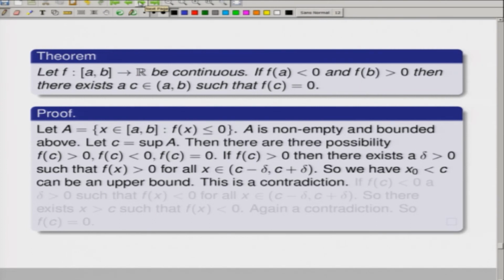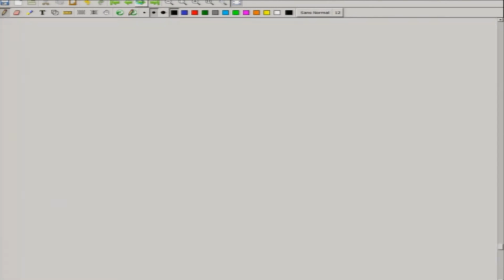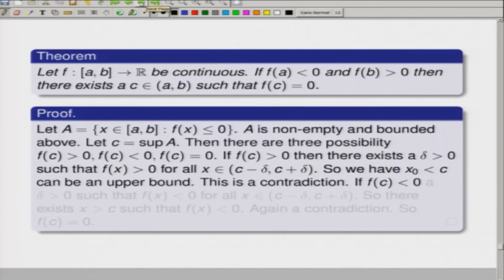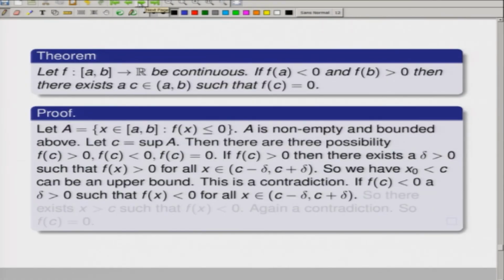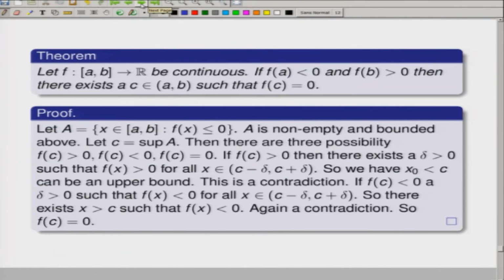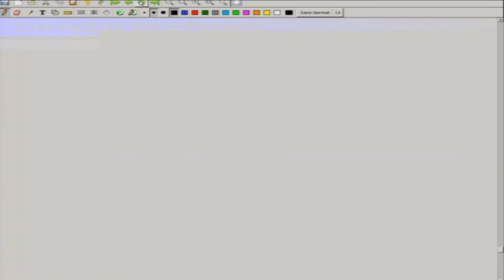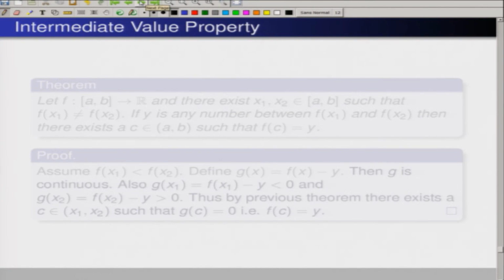Similarly, if f(c) is less than 0, then you will get a contradiction, and therefore what you are left with is that f(c) has to be equal to 0. Okay, so this is a very important and interesting theorem: if f is negative at one end and positive at the other, then it has to go through 0.